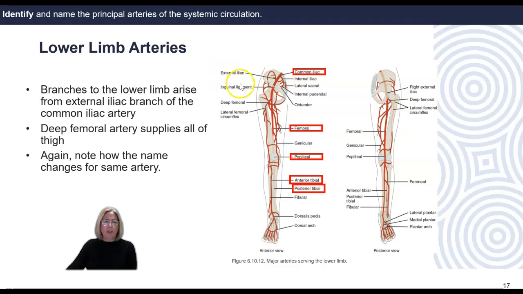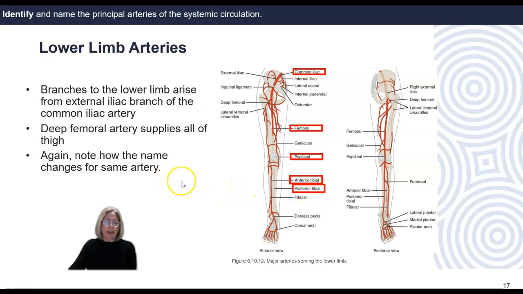These divide, so we get the external iliac artery, which then becomes the femoral artery in the thigh, which then becomes the popliteal artery, and that then becomes the anterior tibial artery, which then gives way to the posterior tibial artery, which then continues as the fibular. But we'll leave it just there at the posterior tibial.